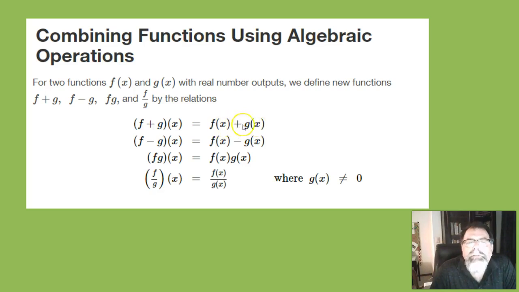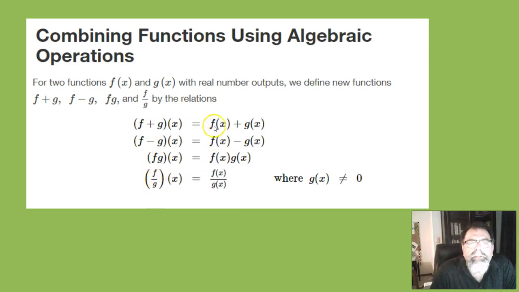So you're going to take those two y values for the given x value and add them together to create the new y value for f plus g. And basically you can do that for add, subtract, multiply, and divide. Okay? So this is the definition of how you add two functions, subtract two functions, multiply, or divide.